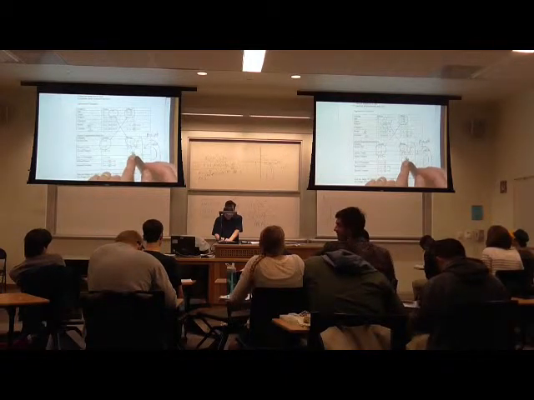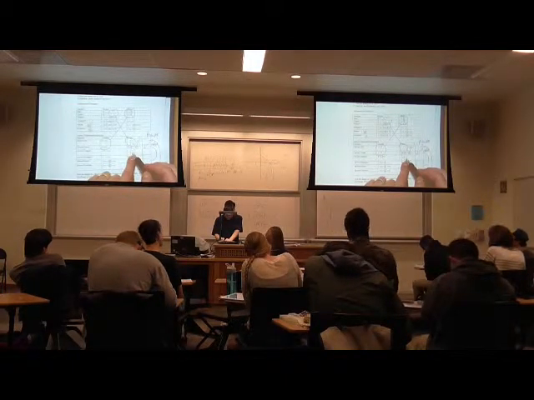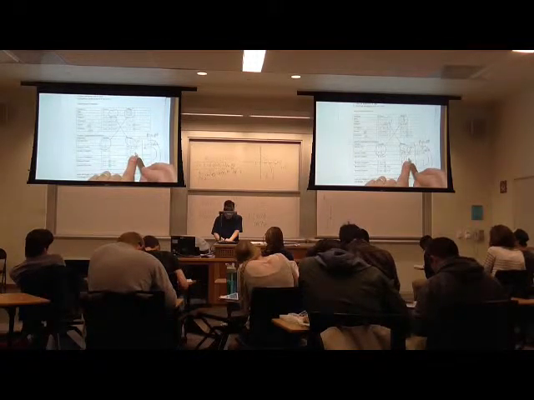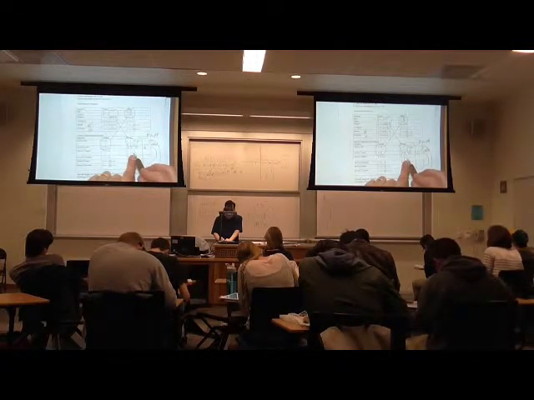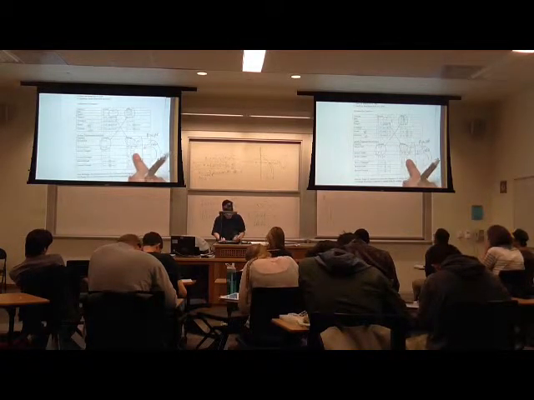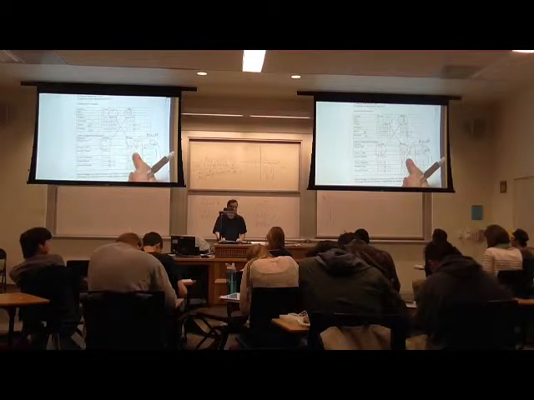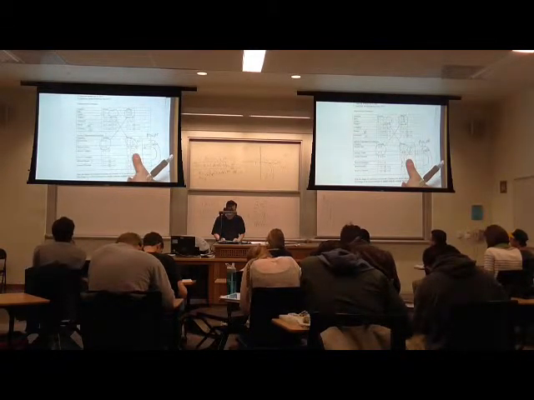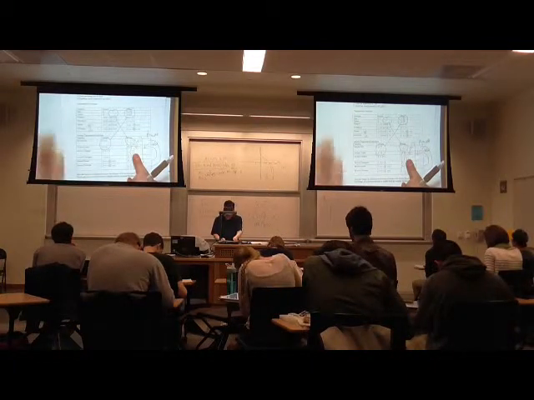Negative pi over 2 to positive pi over 2, or negative 90 to positive 90, right. So depending upon what we plug into the inverse tangent, you can get a negative. If you want it to be positive, you can add 360 to it, right?